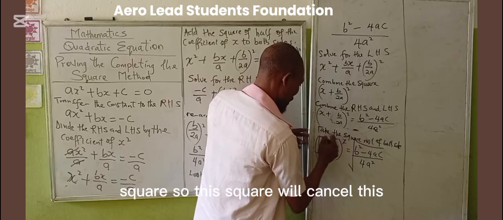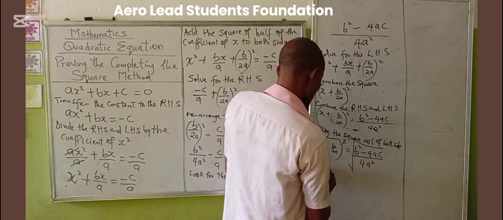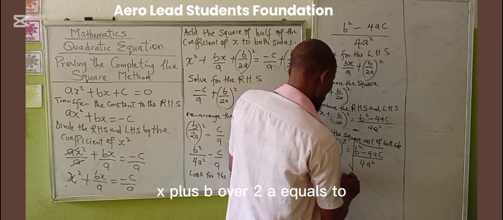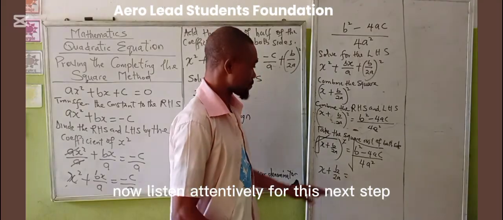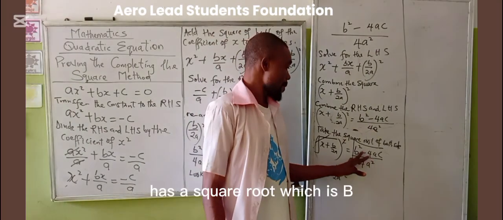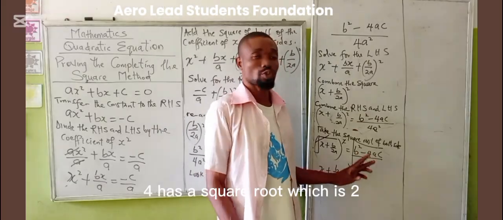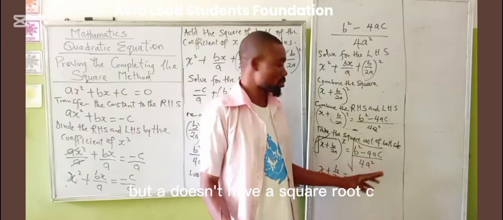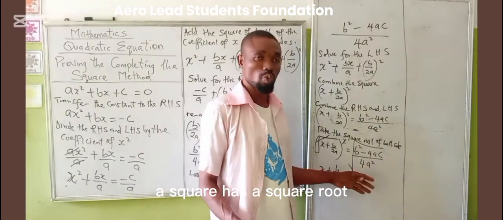So this square will cancel this. We are left with x plus b over 2a equals, now listen attentively for this next step. B squared has a square root, which is b. 4 has a square root, which is 2. But a doesn't have a square root. C doesn't have a square root. 4a squared has a square root.